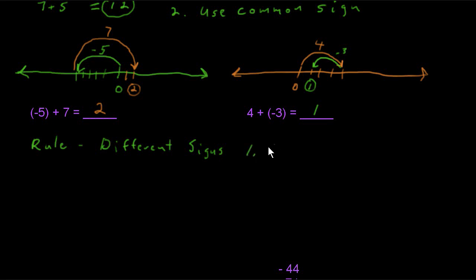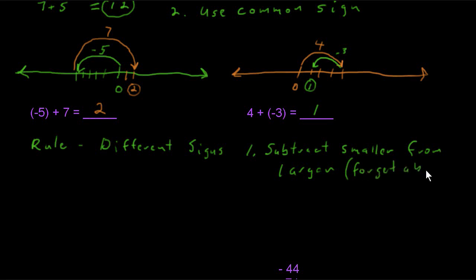Our rule when we have different signs is to subtract. Subtract the smaller number from the larger number, and once again we want to temporarily forget about what the signs are. Without regard to the signs, we just take the smaller number and subtract it from the larger.